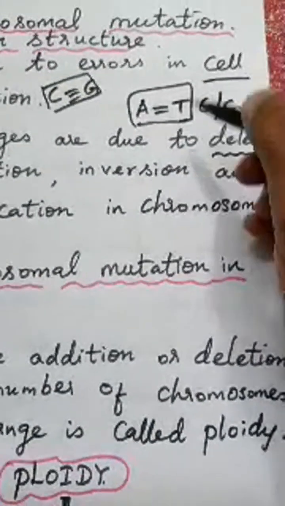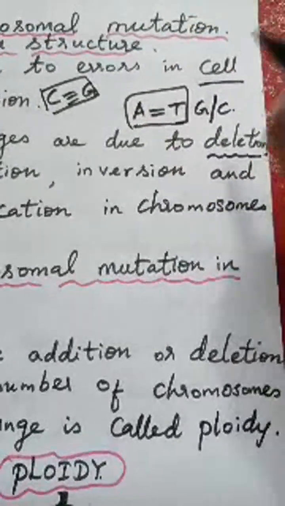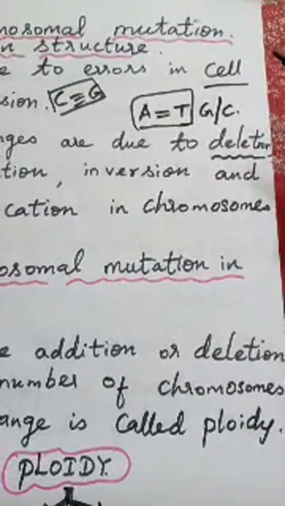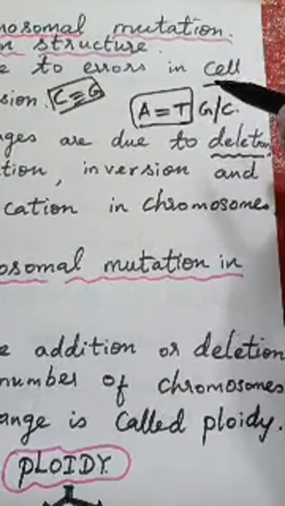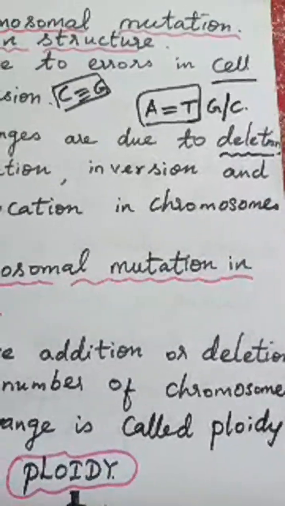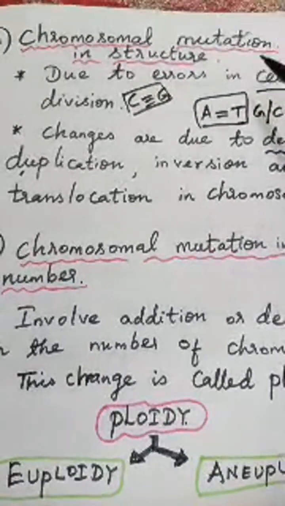Understood? Any mismatch, any deletion, any inversion, any substitution will result in the mutation. That is change. Understood? So now we are seeing the chromosomal mutation in structure.